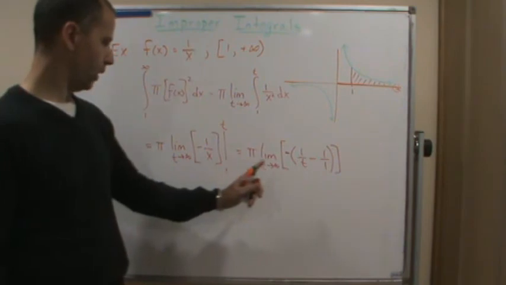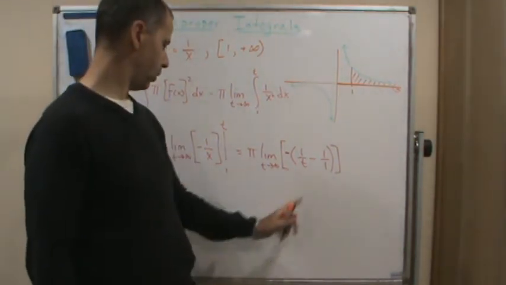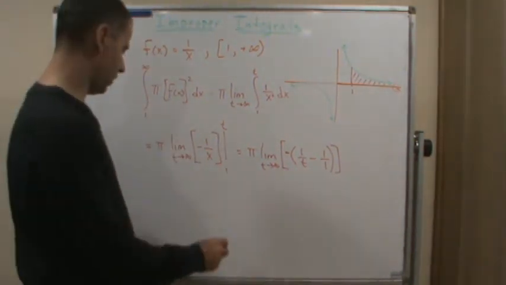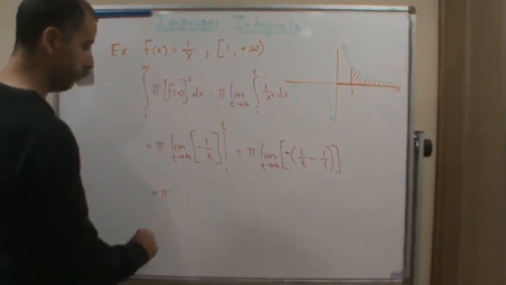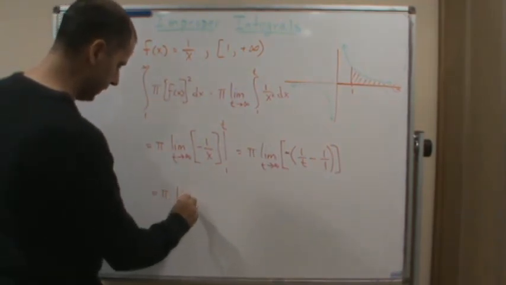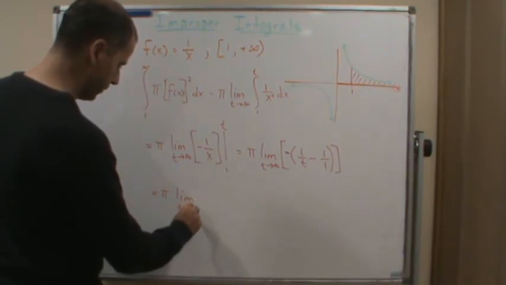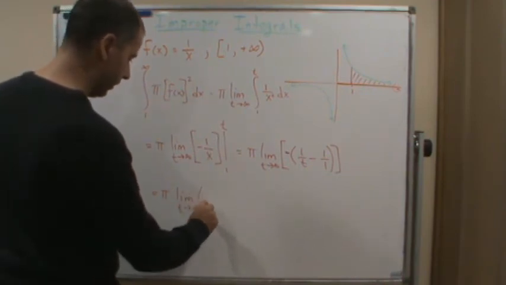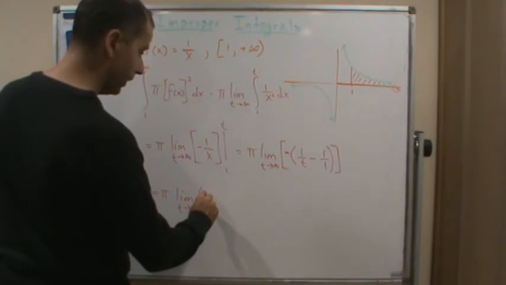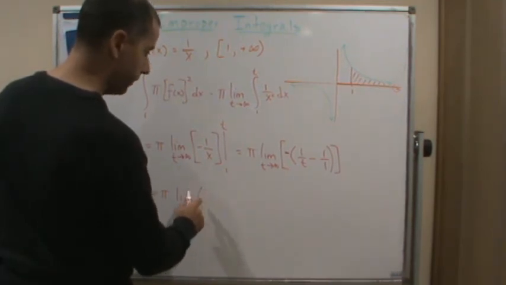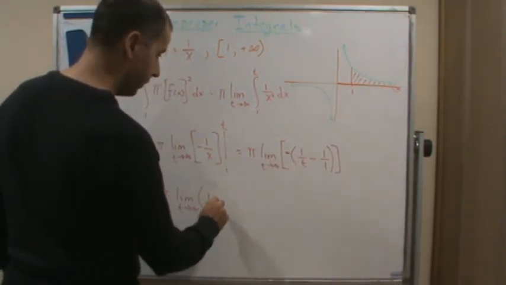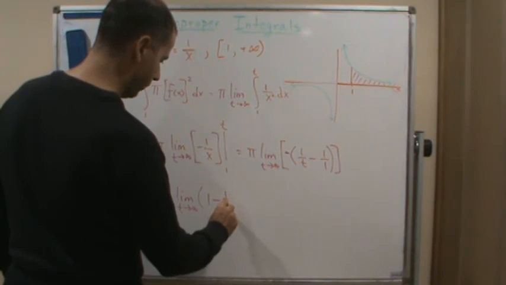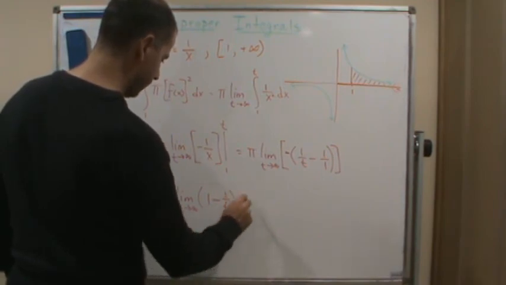So I'm just doing negative 1 over t minus 1 over 1. And so what does that give me? Well, that gives me pi times the limit as t approaches infinity of what? Well, if I distribute the negative, that's going to give me 1 minus 1 over t.